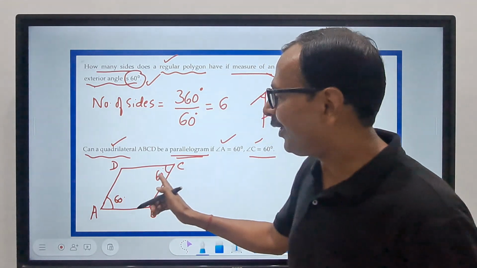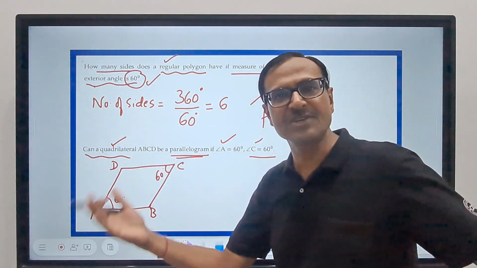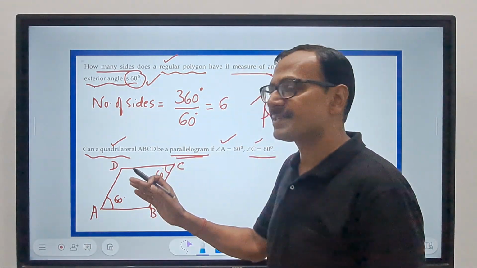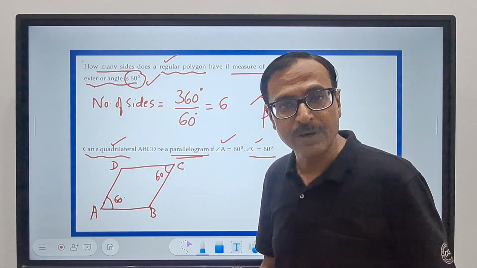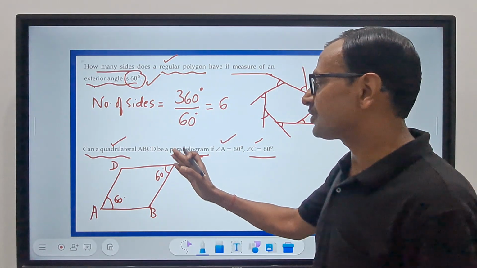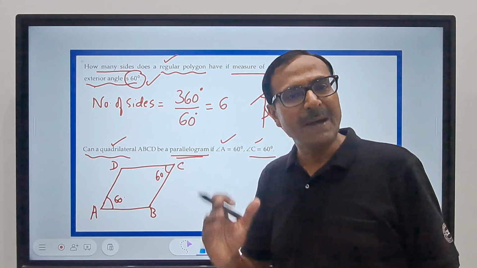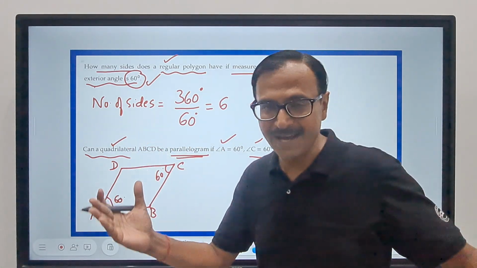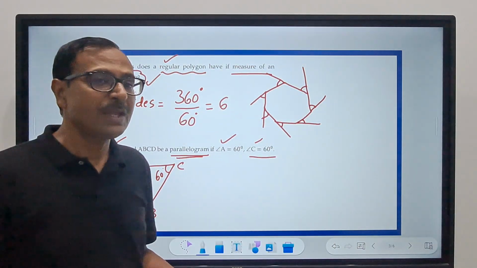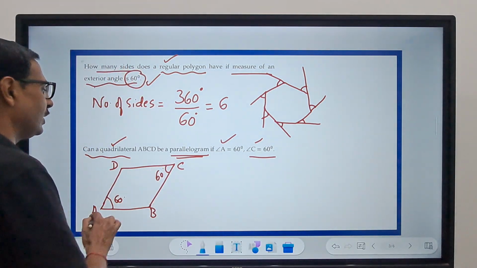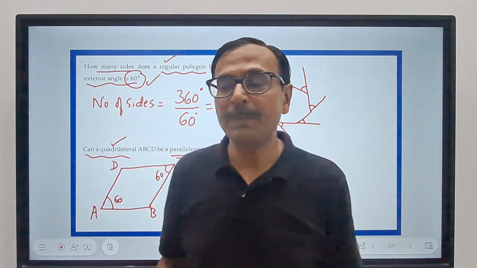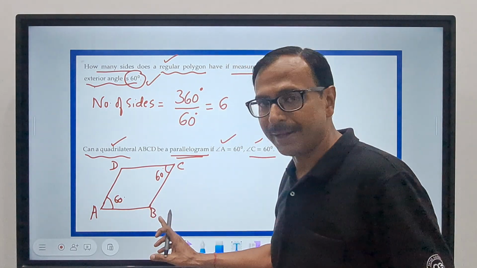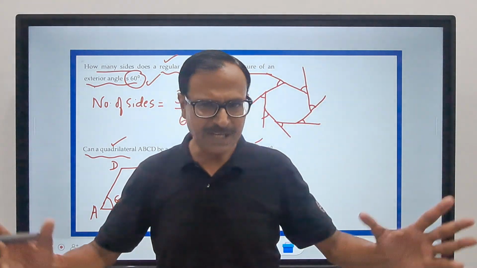And yes, all the pairs of opposite angles in this case are equal because this is 60 and this is 60, and therefore yes, this quadrilateral ABCD can be a parallelogram. Remember, if one pair of opposite angles are equal, then the other pair will automatically be equal because that will be 120 and 120. Pretty clear, right?